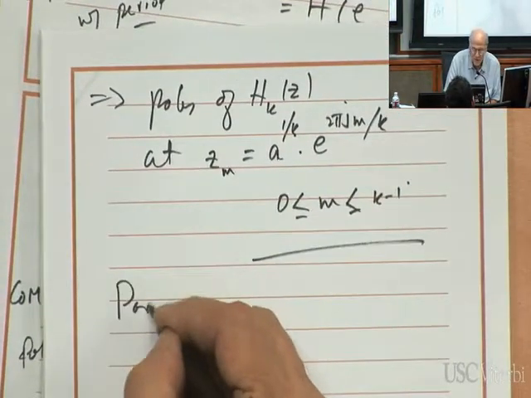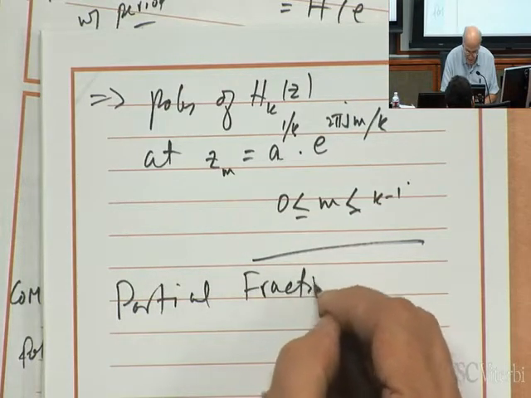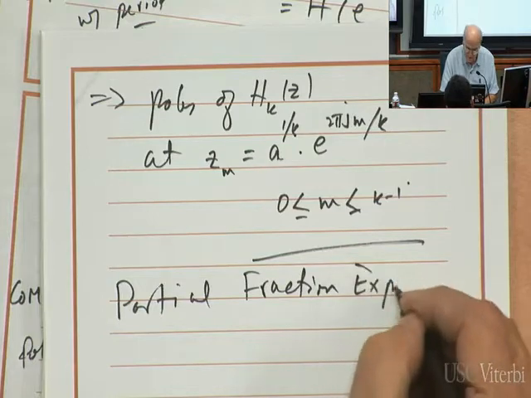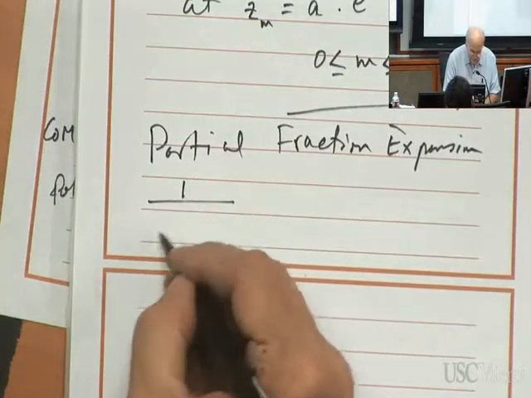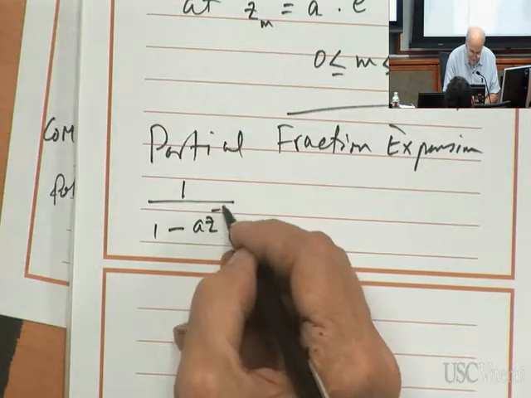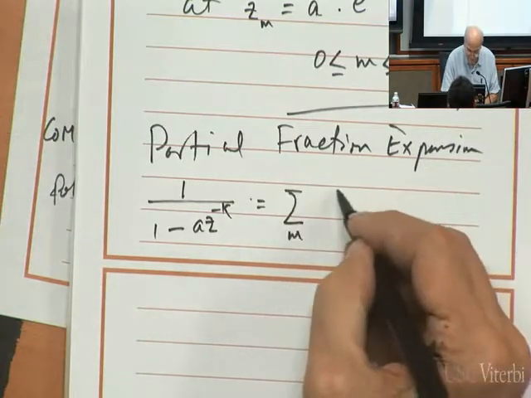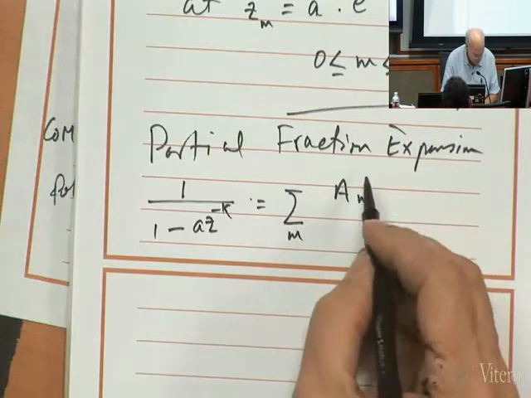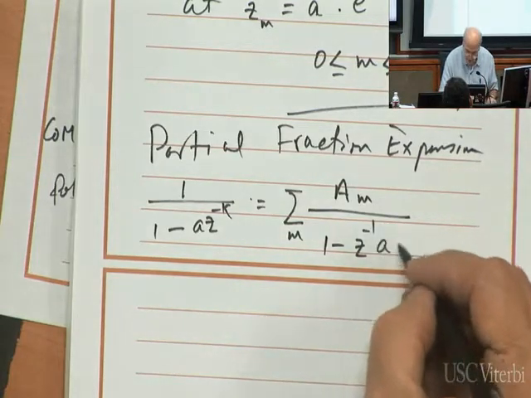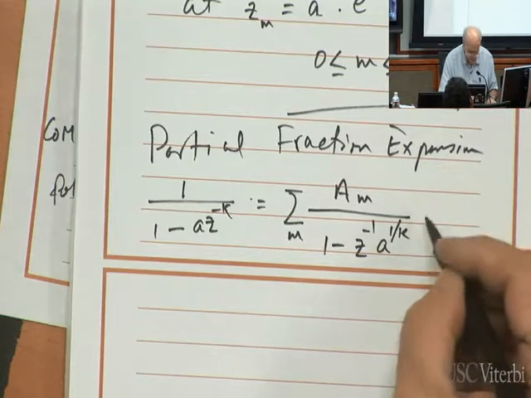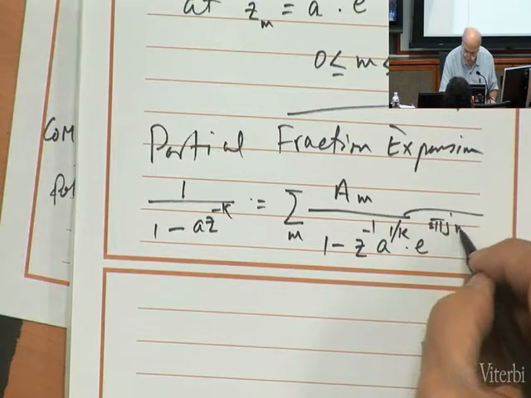Now, let's suppose we go a step further. This is what I didn't include before. Let's look at a partial fraction expansion without working out all the constants. Let's look at 1 over 1 minus a z to the minus k. That's equal to the summation over m of a sub m divided by 1 minus z inverse times the pole location, a to the 1 over k times e to the 2 pi j m over k.